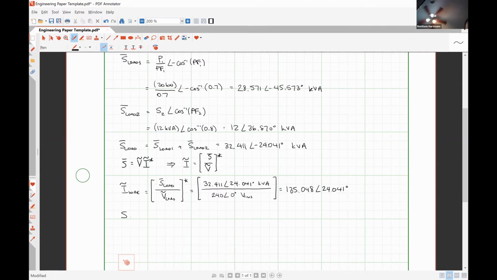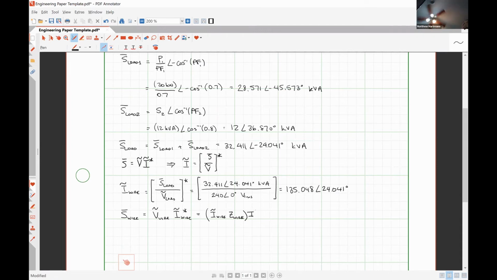So the complex power absorbed by my transmission line is the voltage drop over my transmission line, which I don't know, multiplied by the complex conjugate of the current flowing through my transmission line, which I do know. But I can use Ohm's law and express the voltage drop over my transmission line, V wire, in terms of the current and the impedance. So V wire is simply I wire times Z wire.